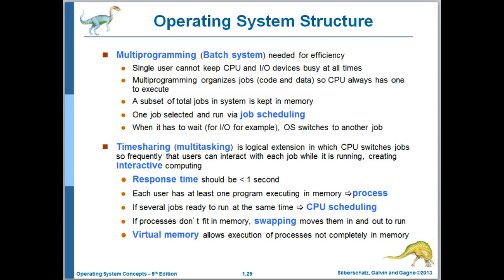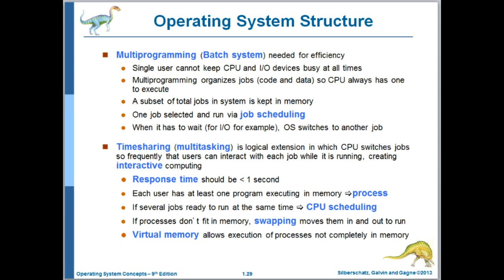In a sense, the main distinction between a batch system and a time-sharing system is how much time a process is allowed to have control of the system before a timer interrupts the operating system and the operating system switches to another process. In a time-sharing system, that period of time, which is called a quantum, is kept low so that it appears to all the users that they are the only ones on the system.